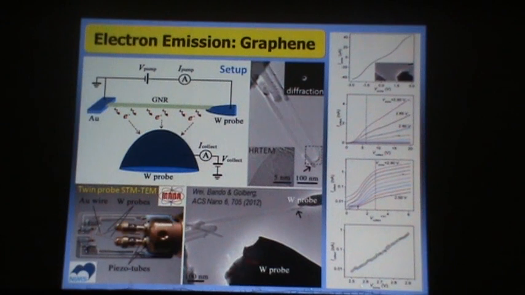So once we put the current into the structure, we recorded emission of electrons out of the graphene sheet. So this is also very interesting, electron emission from the flat surface of graphene. I would emphasize it's not from edges, it's from the flat surface of graphene.